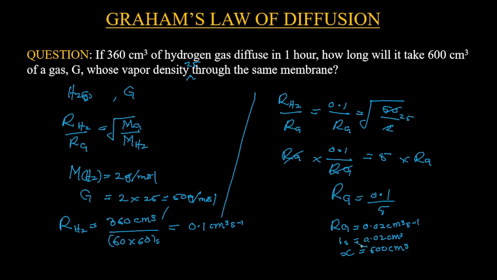So when we cross multiply, we'll have x equal to 600 divided by 0.02, and this will be equal to 30,000 seconds. So we can convert this to hours and find out how long it will take for this gas to diffuse.